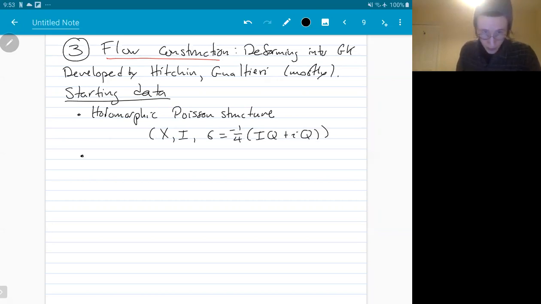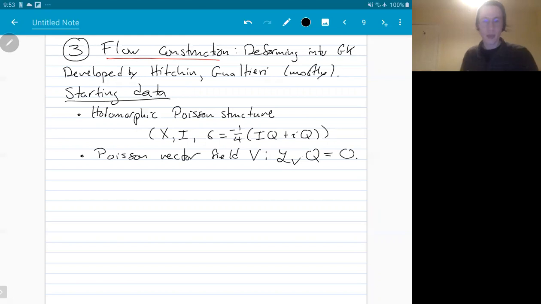Second, we have a Poisson vector field. So this means that it's a vector field such that if we differentiate Q with respect to V, we get 0. So I guess it's a Poisson vector field for the imaginary part, so for Q.